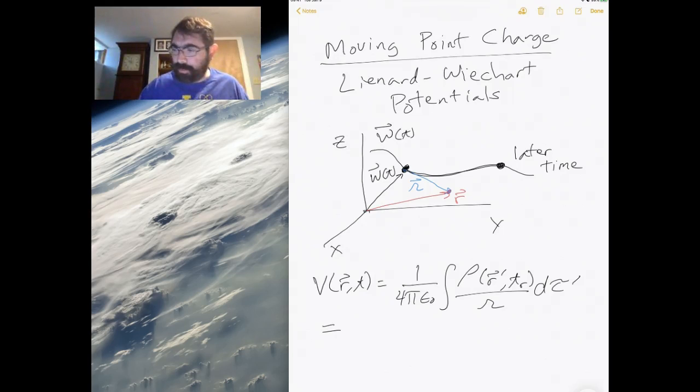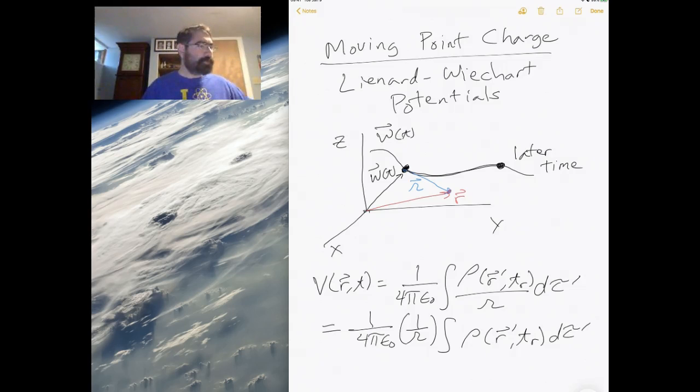So I'm going to pull it outside of the integral, like so, and just deal with integrating over the charge distribution.